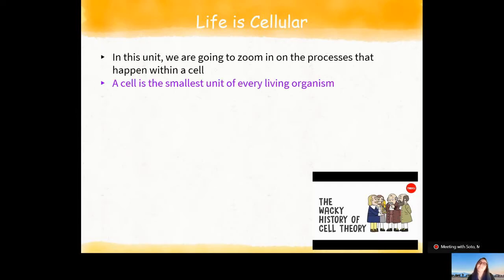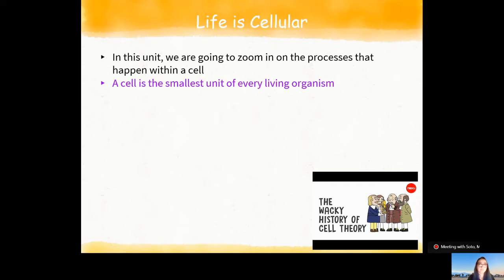which is, of course, the smallest unit of every living organism. So remember, atoms are the smallest unit of everything, of matter. Cells are the smallest unit of living things. So for something to be considered living, it has to have cells, okay?